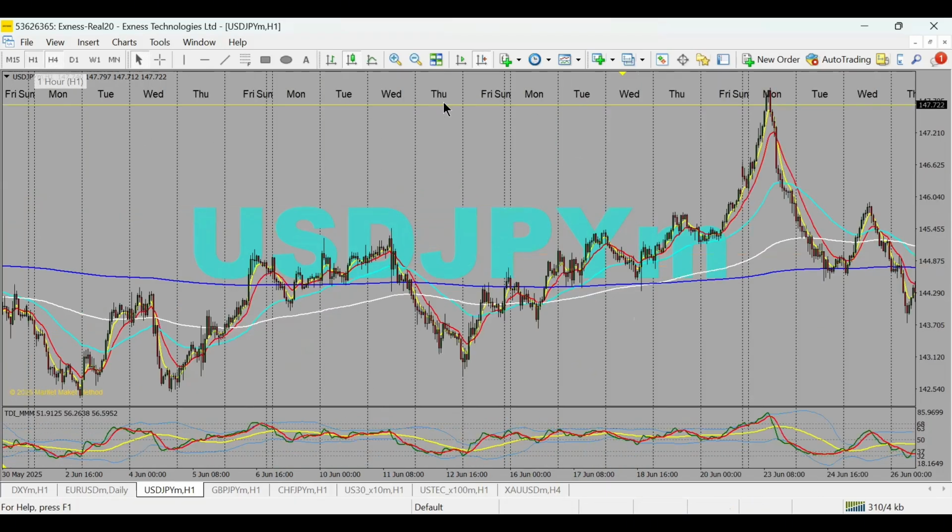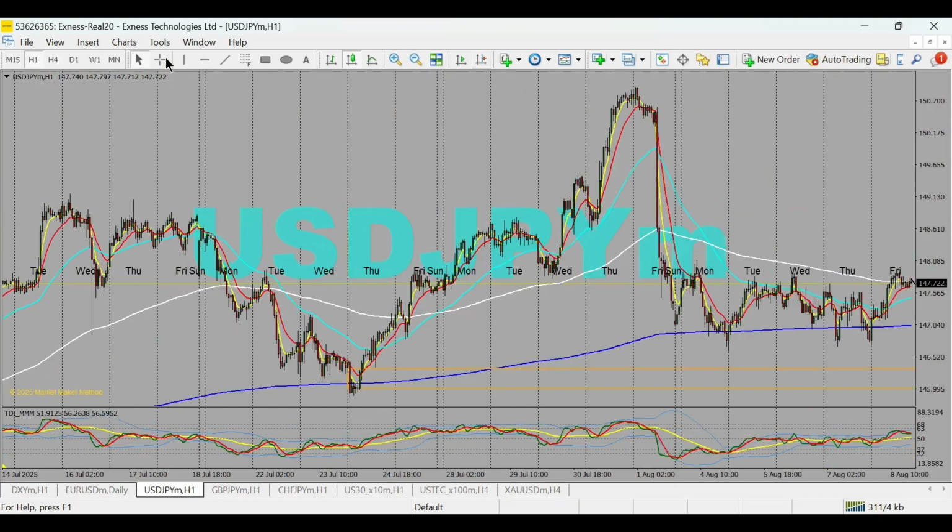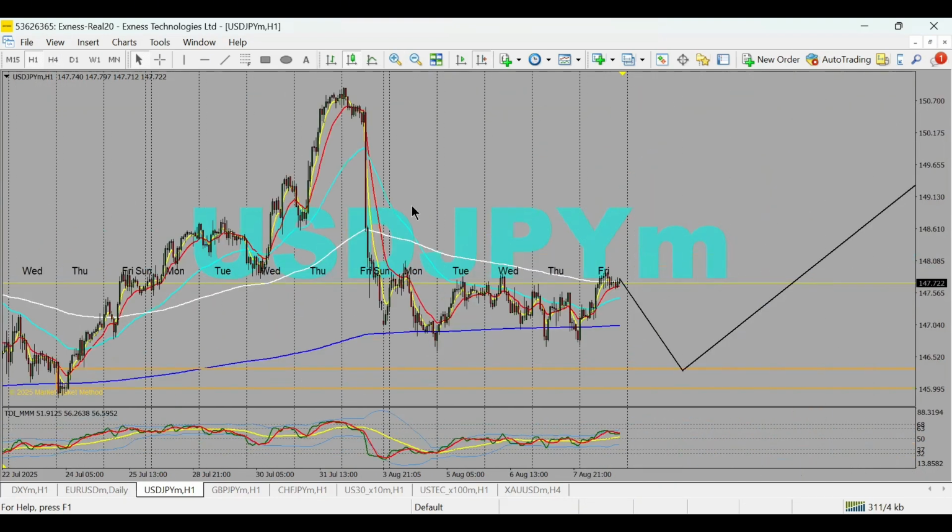The H1. On the H1 time frame, as you can see, price is currently consolidating, trapping orders right there. So there's a lot of buyers right there.